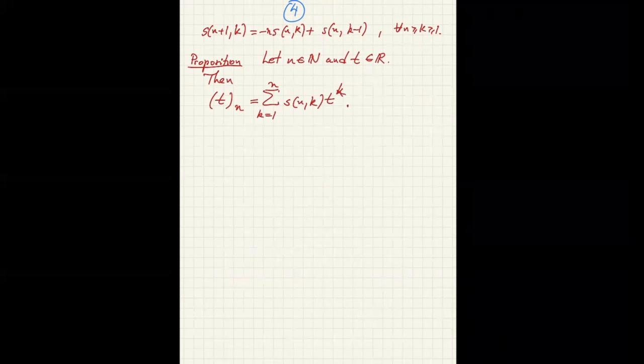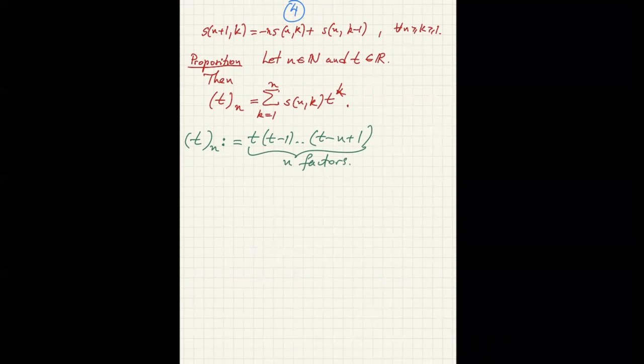So before I give the proof, let me define this t falling factorial. We've talked about it before. So t falling factorial n will be a product of factors starting with t, t minus 1, down to t minus n plus 1. So these are n factors.